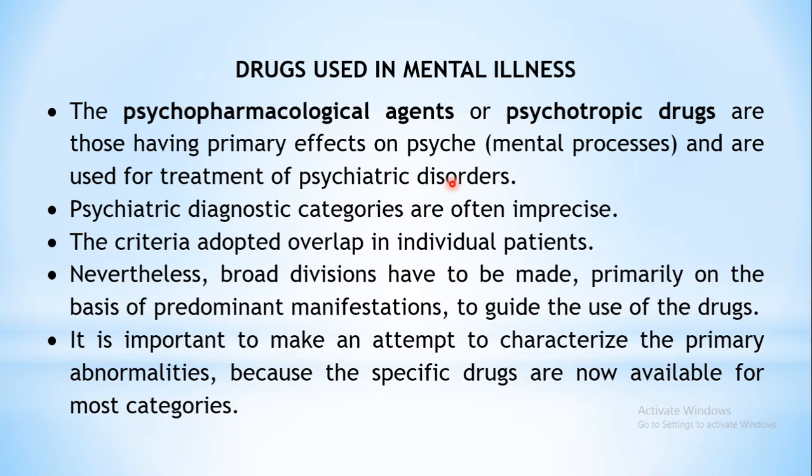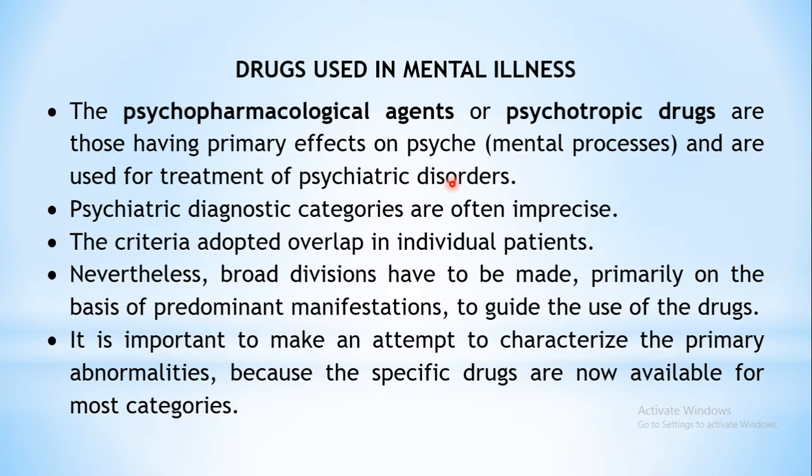It's not just one term, but a number of conditions are involved in psychiatric disorders. We will also see the actual classification: in each individual disorder, what exactly is happening or getting affected in your brain, and what kind of function is getting affected. We are going to see that in detail.